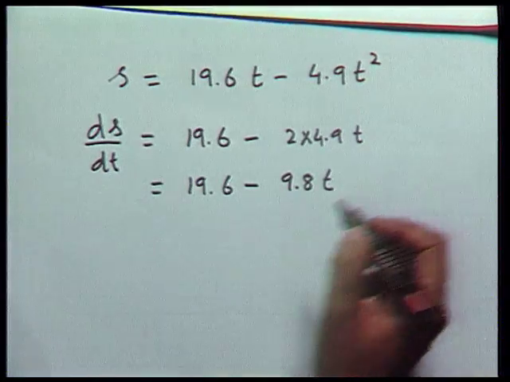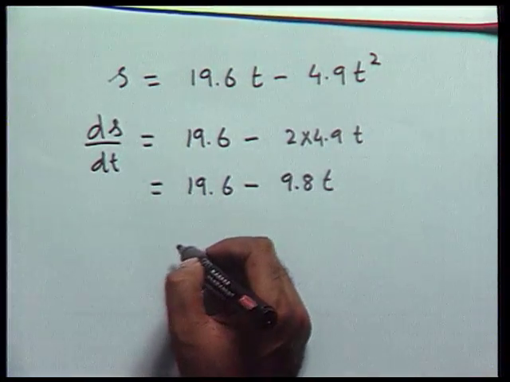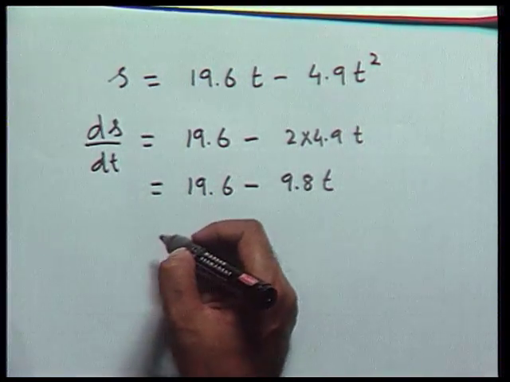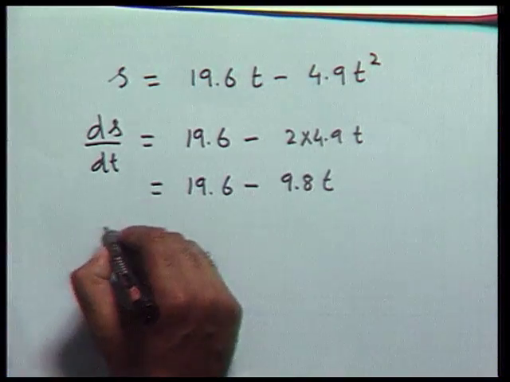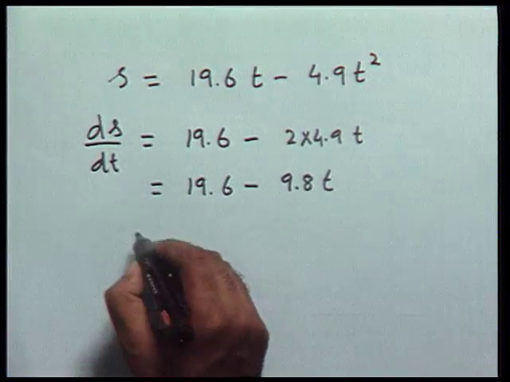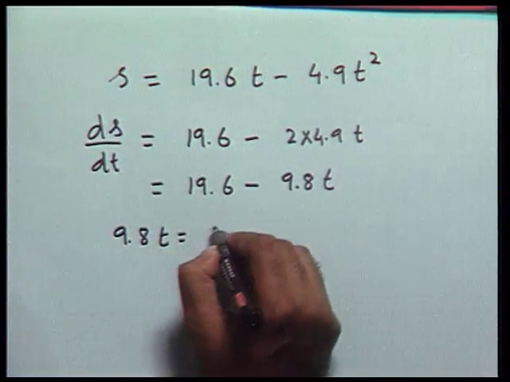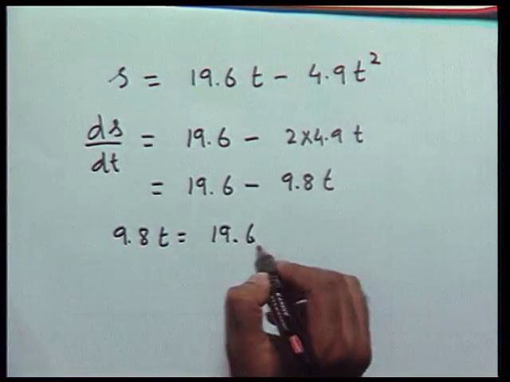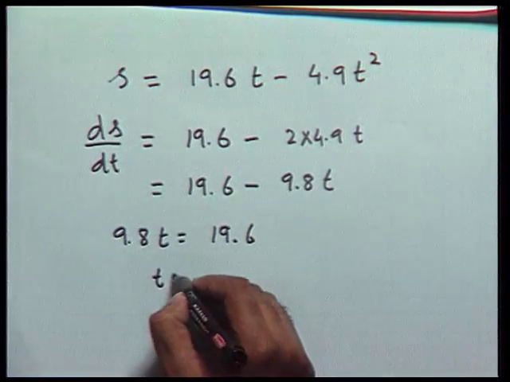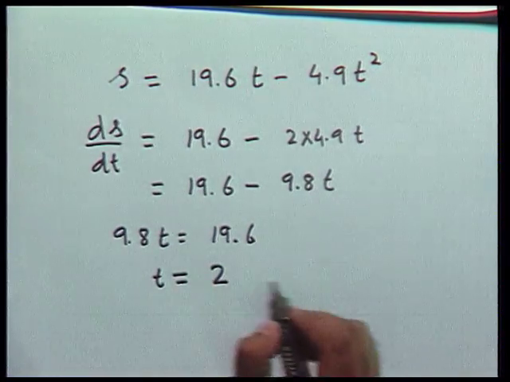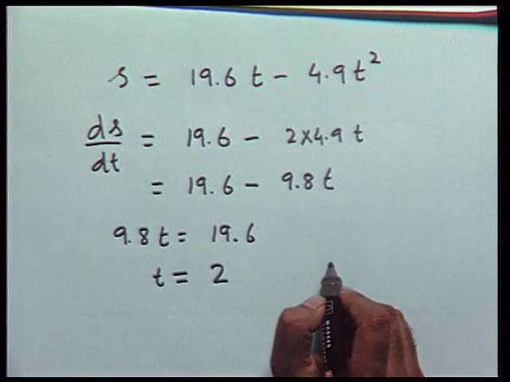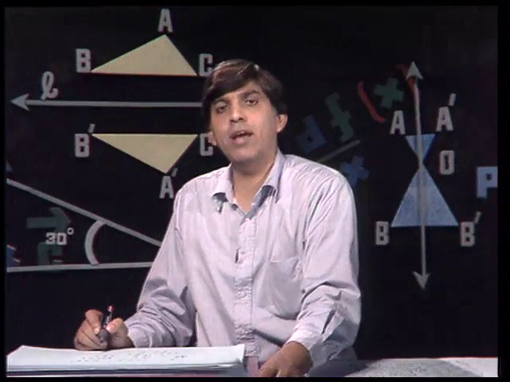And remember, maximum height means velocity is 0, as I explained a while ago. Therefore, when is ds by dt equal to 0? When 9.8 t is equal to 19.6, in other words, when t is equal to 2. So, at the instant t equal to 2, the first stone is at maximum height.